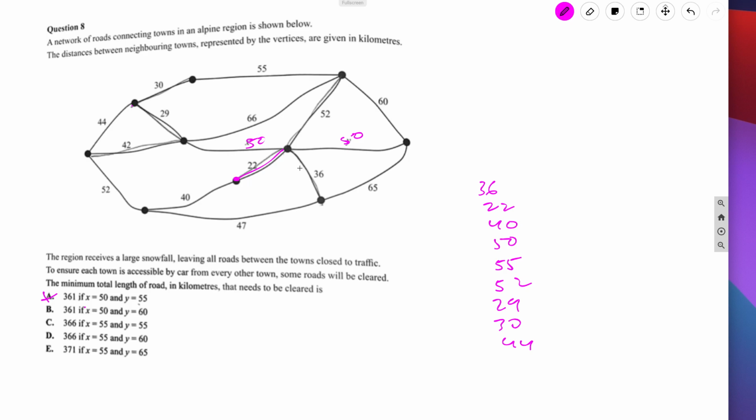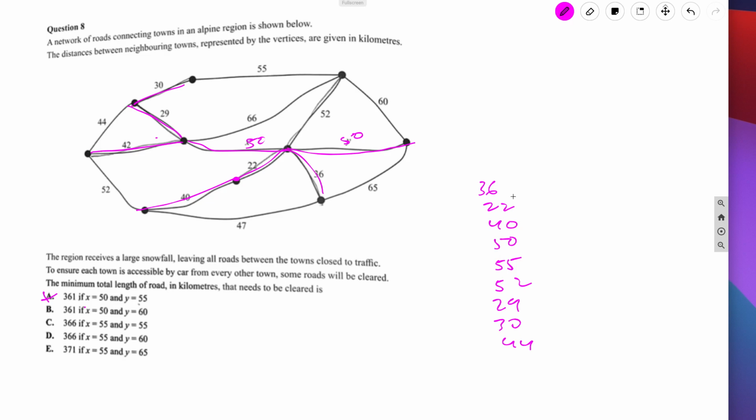So 22, 36, 40, and at this point then, 50 now looks to be the lowest, and 50 again, and then 29 looks to be pretty much the same. Well, it should be 30 first, and then 42. Oh, I just realized, I think I went 44 on the last one.